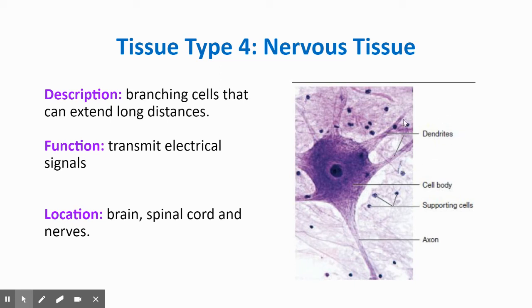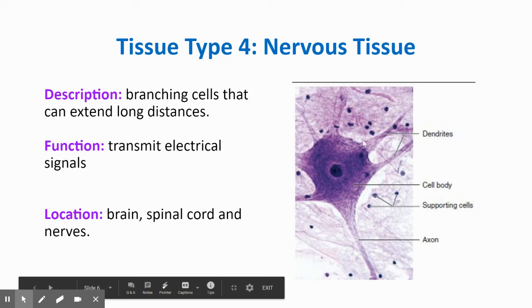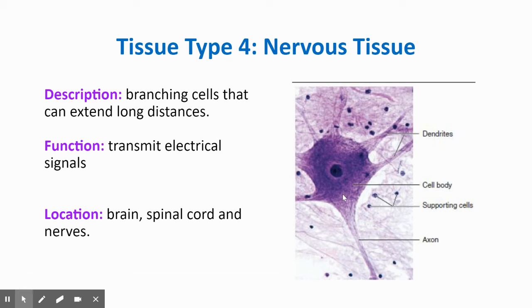What you see here underneath the microscope is part of a neuron, or a nerve cell. This is a single nerve cell, and it kind of looks like a flower, where you have the center of the flower, that's the nucleus, and then it has these branching parts off the top, and then the stem part. What happens is this nerve cell would be connected to another nerve cell, which is connected to another nerve cell, and on and on.